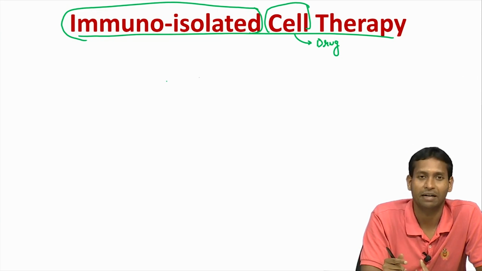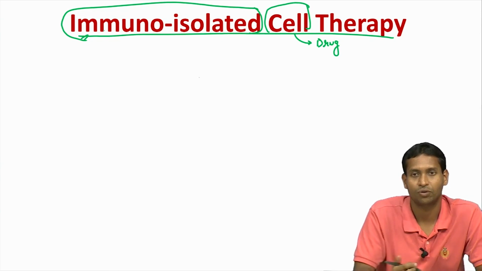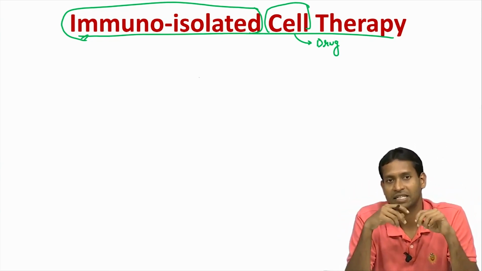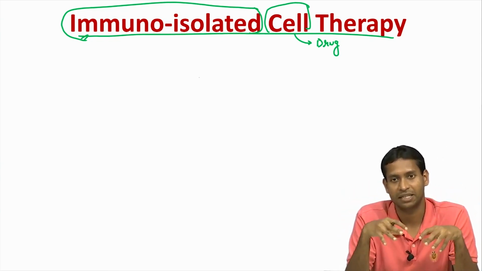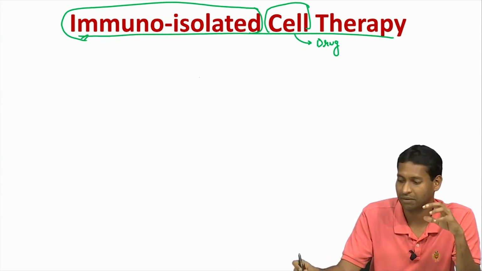So, to prevent that, we want to make sure that this is immuno-isolated. So far we were talking about how to generate an immune response against a vaccine. Now we are doing the reverse. We are trying to make sure that the immune response is not generated against whatever you are delivering, and in this case this is a cell.